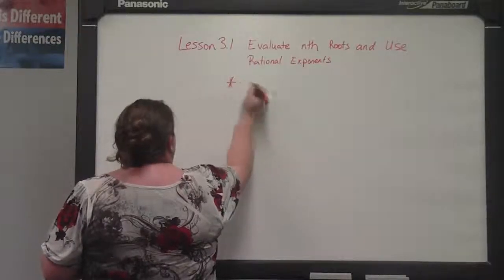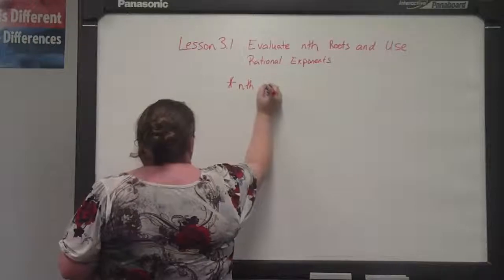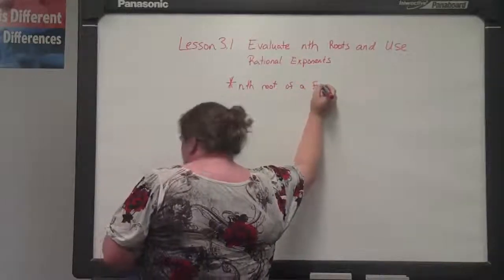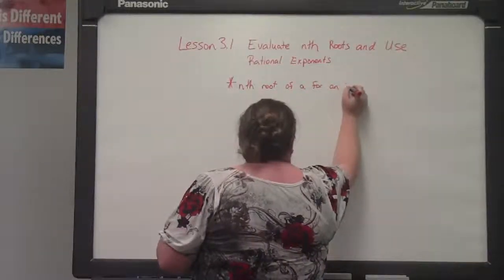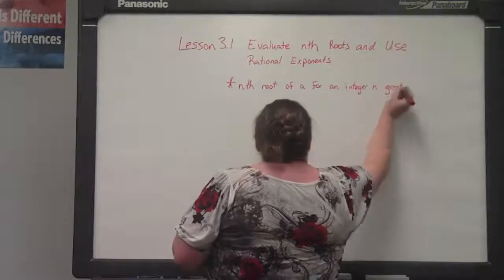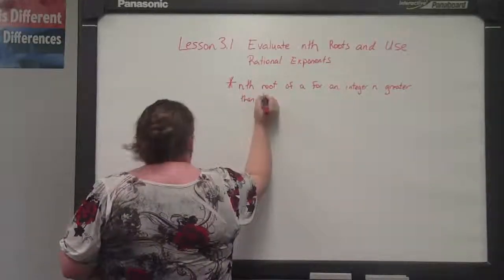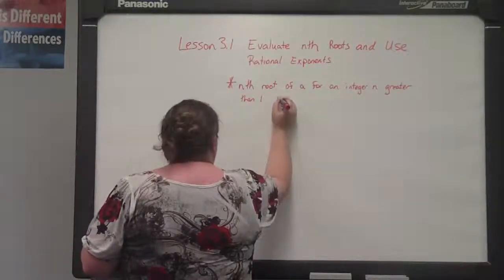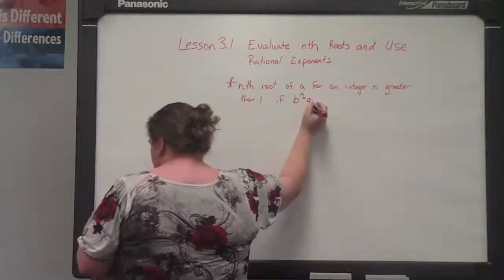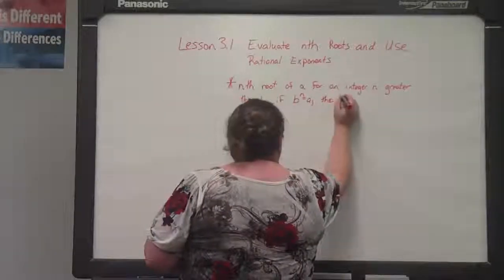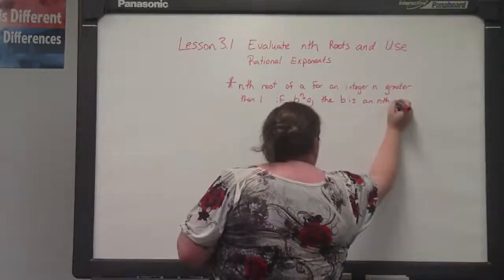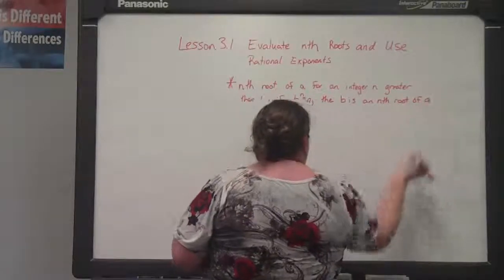So one thing to keep in mind is that the nth root of a, for an integer n greater than 1, if b to the n equals a, then b is an nth root of a.